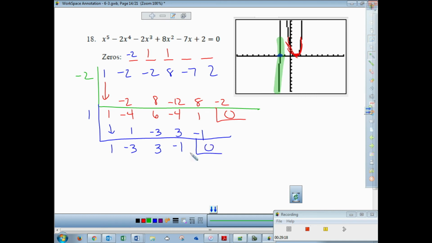This is now a 3rd degree. You got to knock it down again by using the other root of 1. Let's see here. Negative 2, 1, 1, 0.